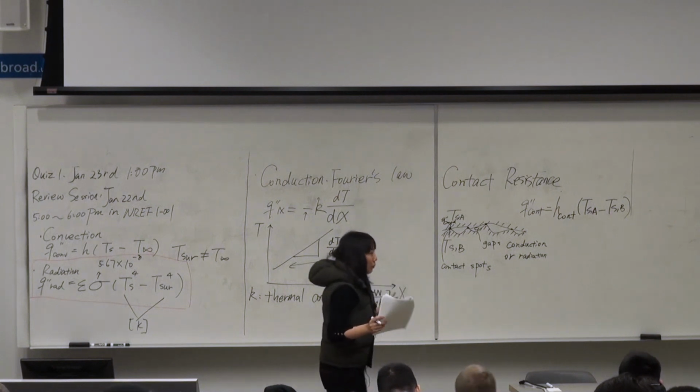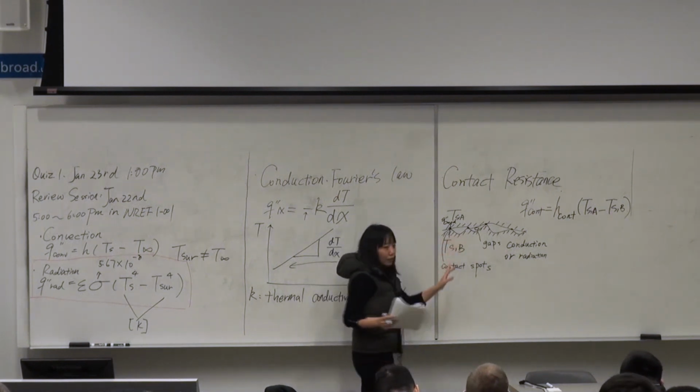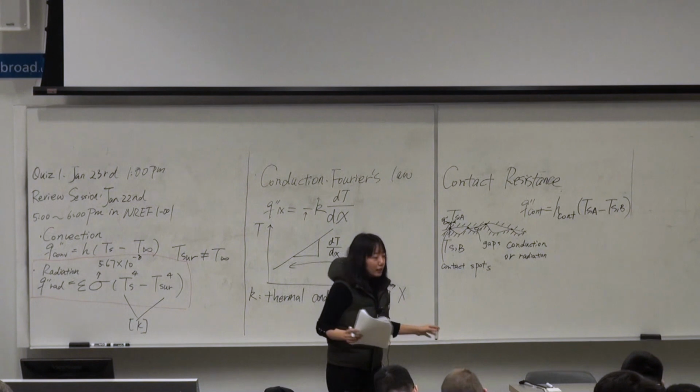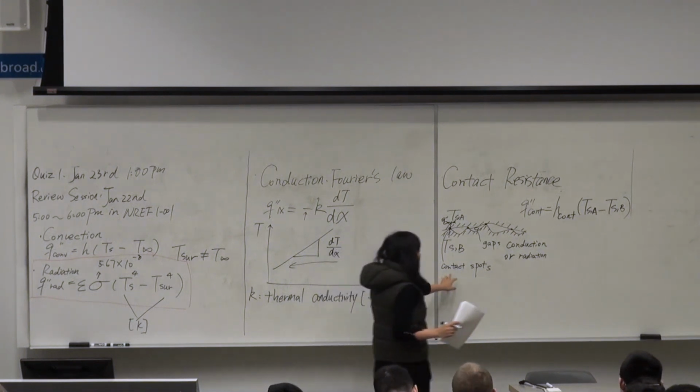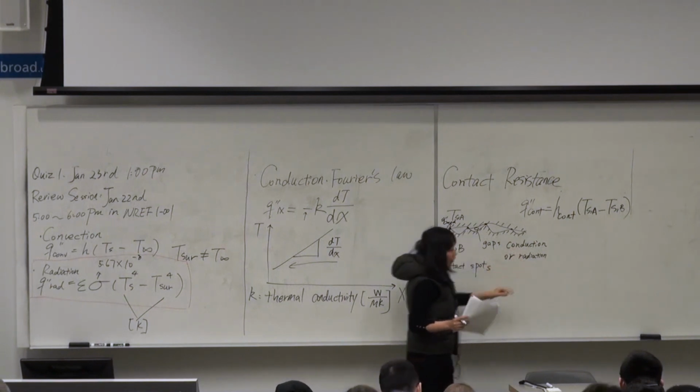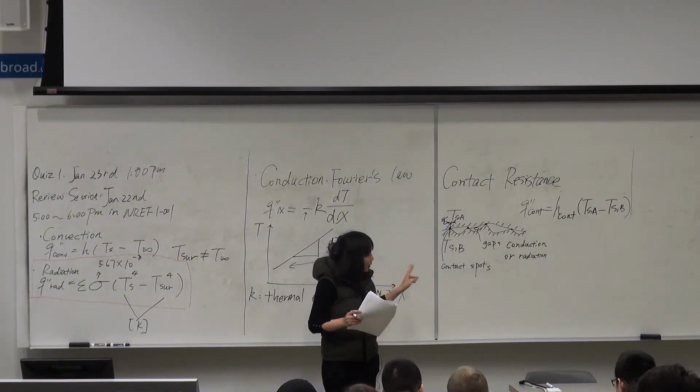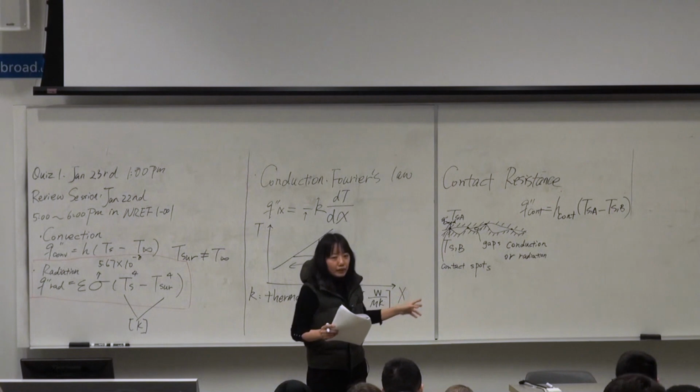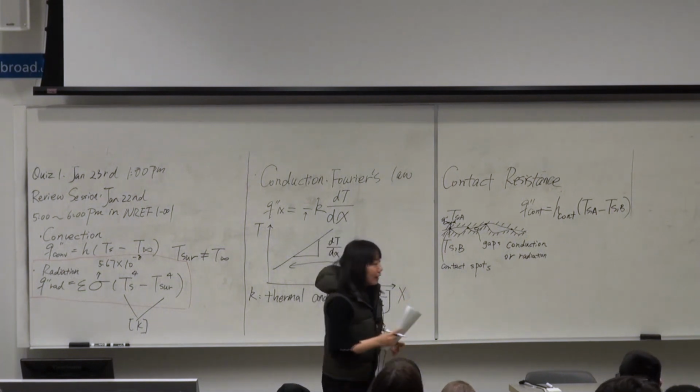But as I just briefly explained, the mechanisms are totally different. This is a combination of conduction and conduction or radiation. So it looks super similar, but they are completely not the same.